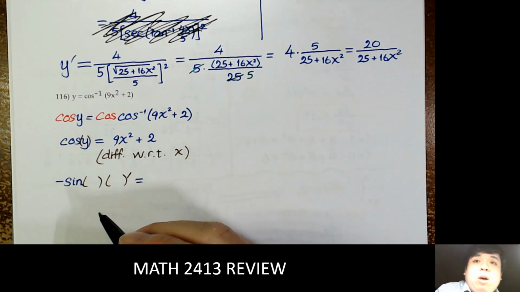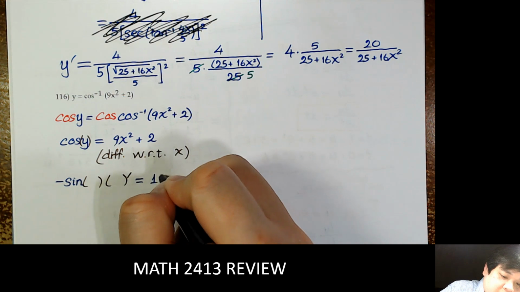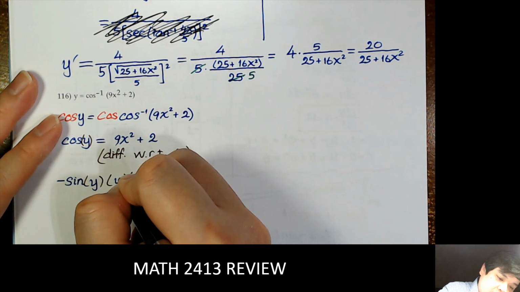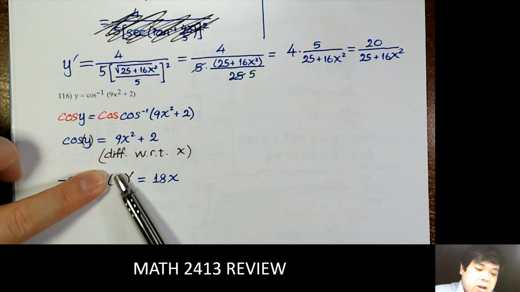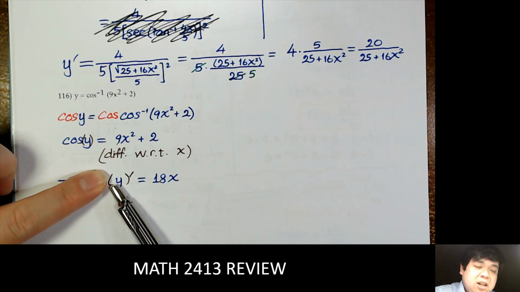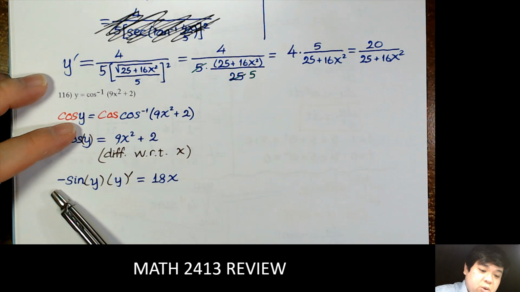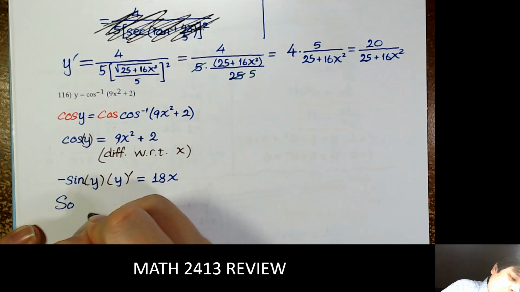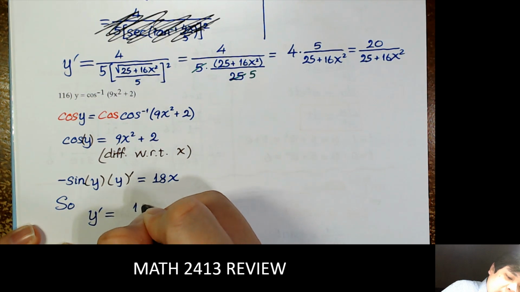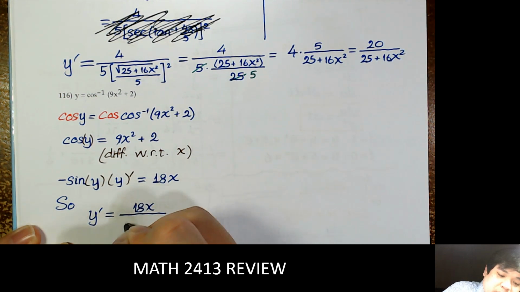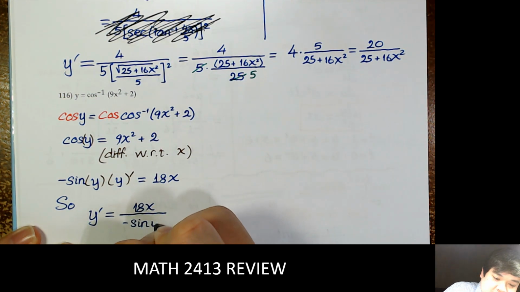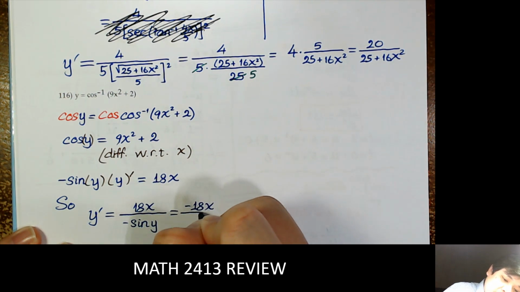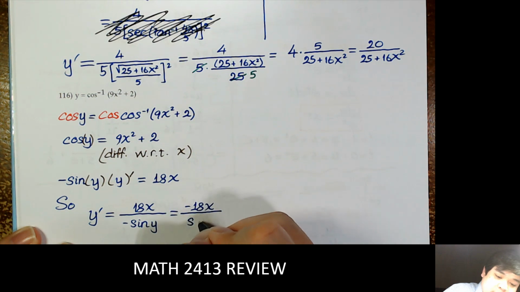Derivative of 9x squared plus 2, that's 18x. Now we're asked to find the derivative of y, so we're going to get this by itself. So divide by negative sine y on both sides. So we have y prime equal to 18x divided by negative sine y. So negative 18x over sine of y.